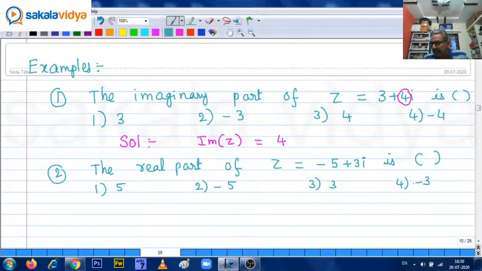What is the real part of z? Minus 5. Very good. Right. Now let us write the solution. Real part of z equals minus 5. Second option is the right option.